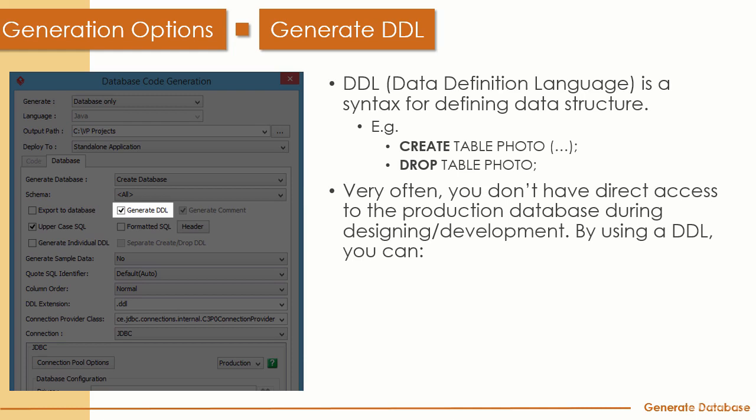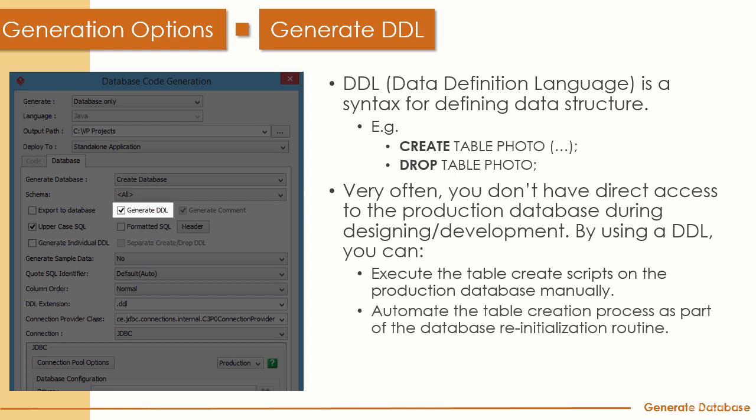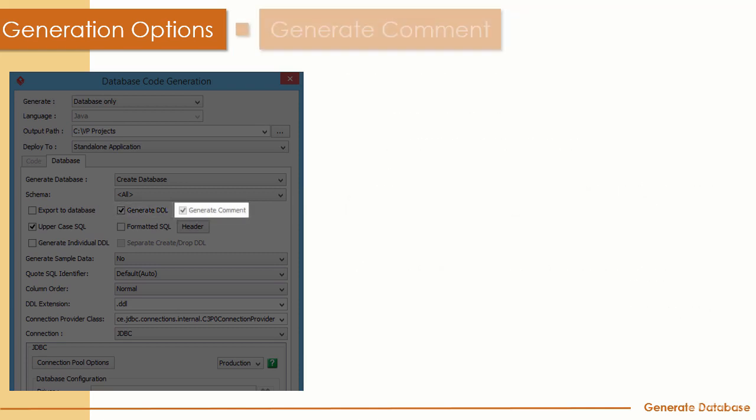In this case, you had better generate a DDL and then execute the table creation script while the software is installed, or you automate the table creation process as part of your features, something like that. And in the next lecture, we'll talk about how to patch the database, which is even more interesting, to automate the execution.